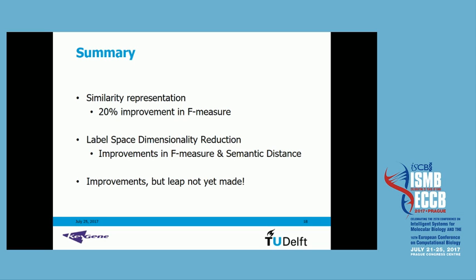And then a way to transform GO terms into a lower dimensional representation, and that, on the other hand, is improving performance in the semantic distance mainly, and sometimes in the F measure. So we still don't have a combination that performs best or significantly better under both evaluation metrics, so we did not make the leap that we set out for yet, but still we have made some nice improvements.